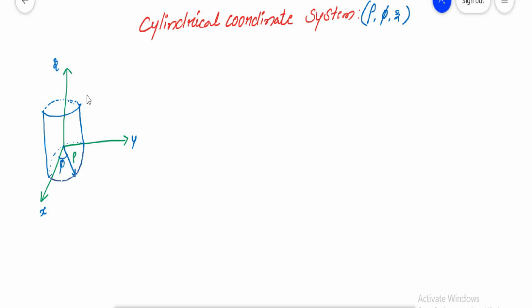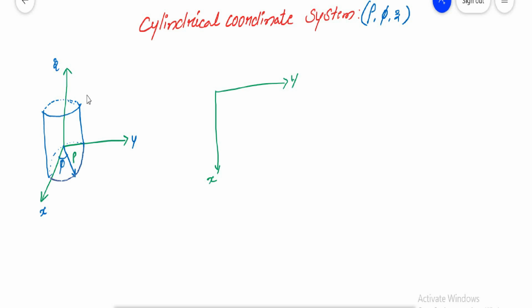For that, let us consider this is your y-axis and this is your x-axis. This is the x coordinate and this is the y coordinate of the rectangular coordinate system. Here we are going to find the cylindrical coordinates, that is rho, phi, z, in terms of the rectangular coordinates x, y and z.